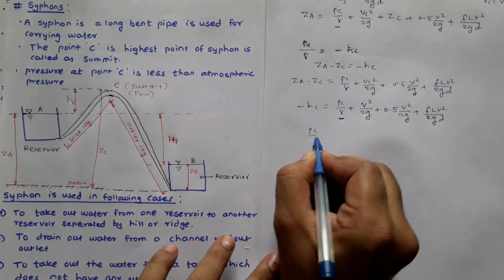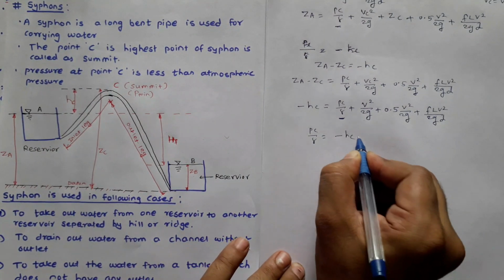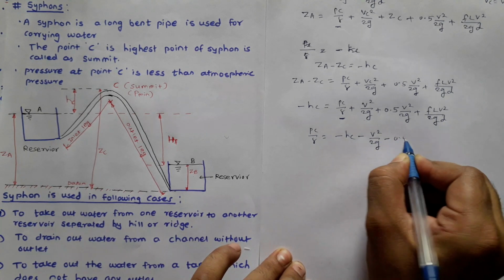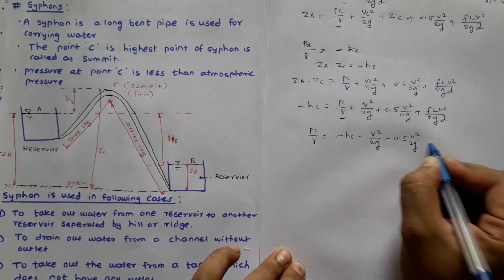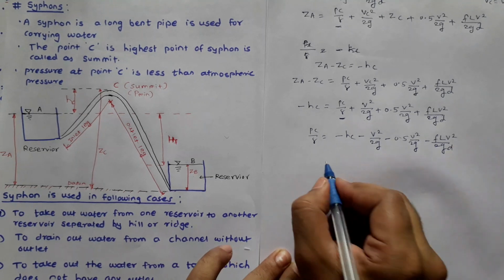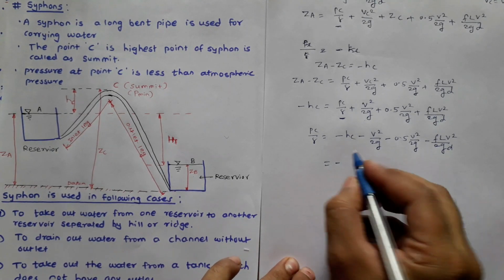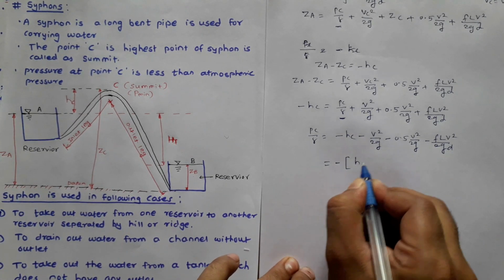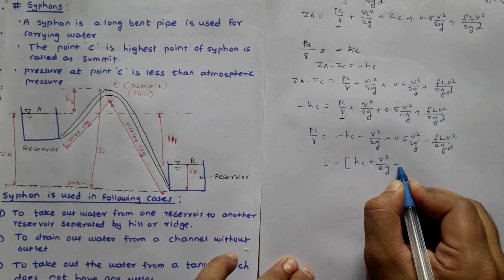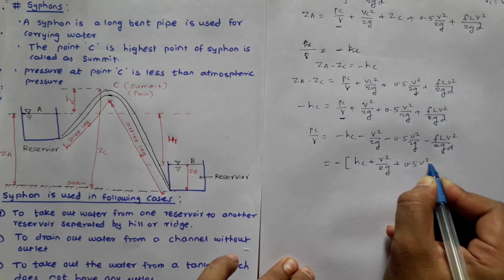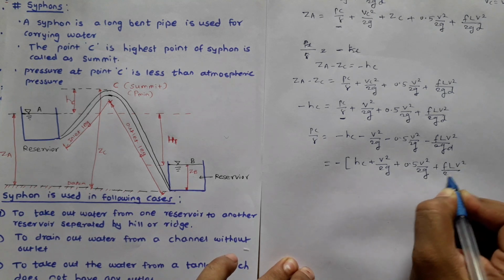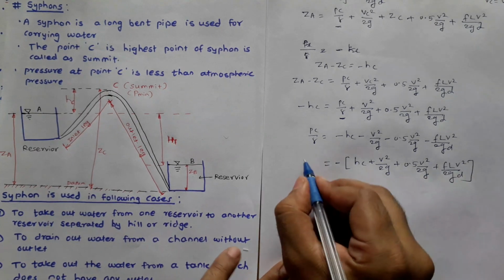So P_C by gamma is equal to minus H_C minus V square by 2g minus 0.5 V square by 2g minus f L V square by 2 g D. Take the negative sign common from all terms. So we will get minus of H_C plus V square by 2g plus 0.5 V square by 2g plus f L V square by 2 g D, bracket complete.